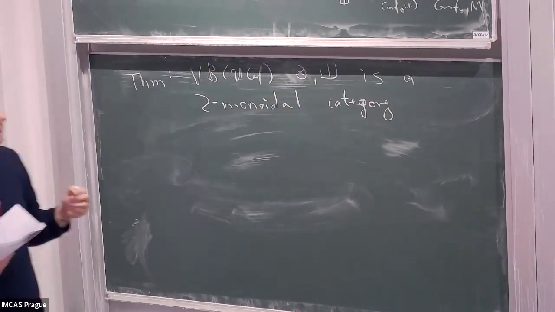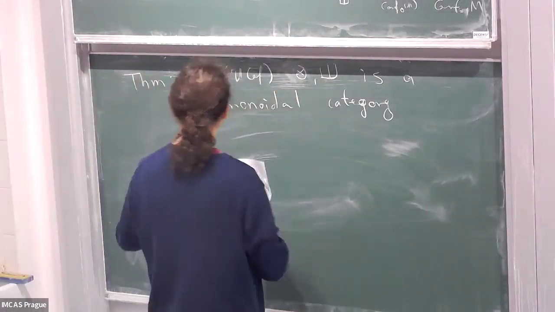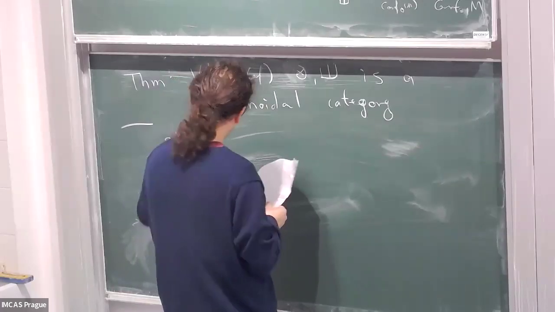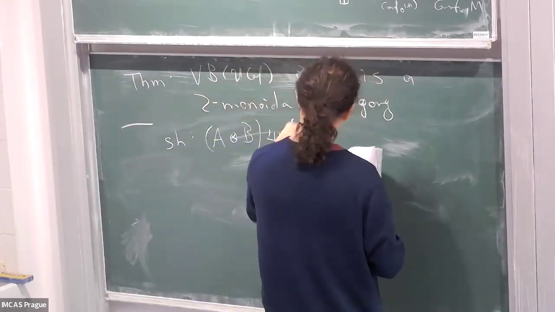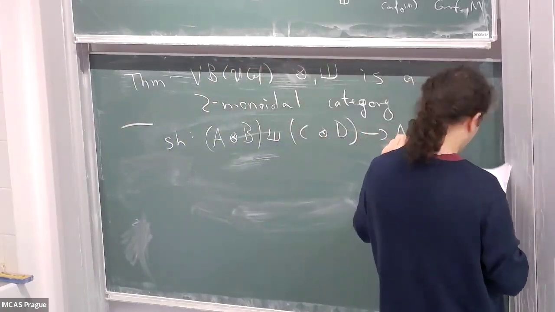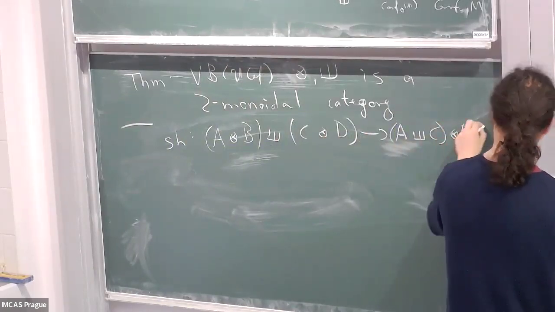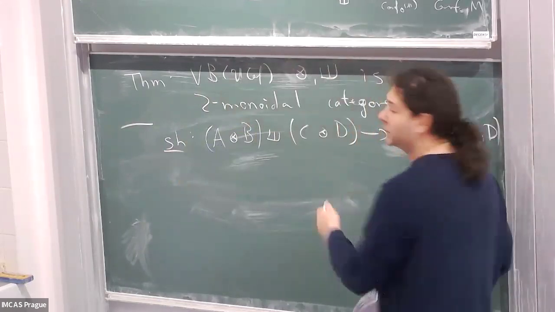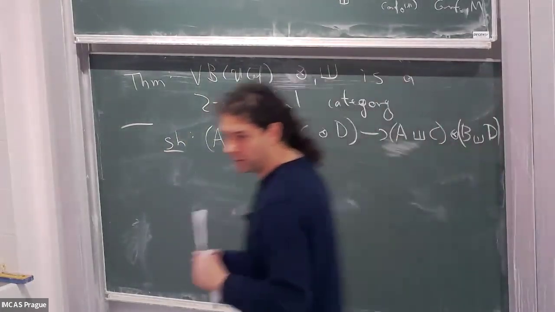I think the essential piece of information, which is linking those two, is the shuffle operation. The shuffle operation goes from A tensor B shuffled with C tensor D to A shuffle C tensor B shuffle D. This is called shuffle because it mixes the two tensor products, and has nothing to do with the fact that we called one of our tensor products shuffle tensor product.